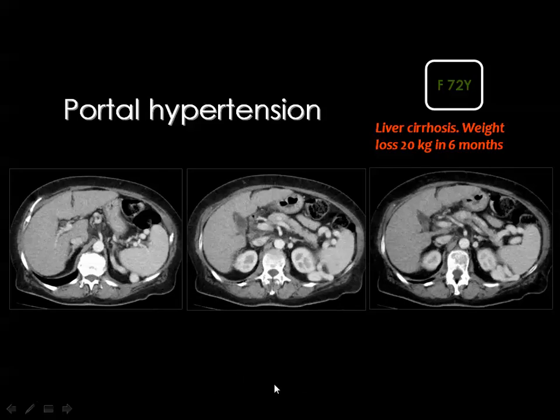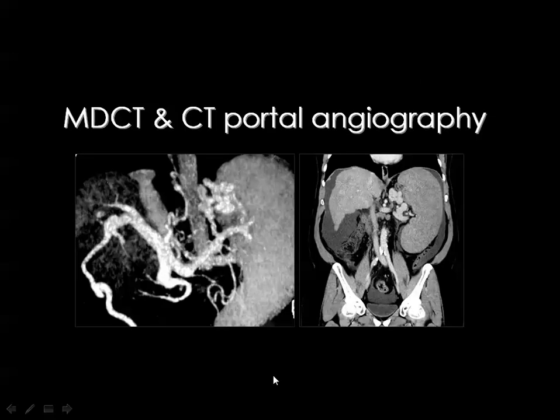Then the issue of portal hypertension, as I have said, will be discussed in the splenic lecture, and you see here dilated portosystemic collaterals around the spleen, and also they can be seen at the gastroesophageal junction, representing portovenous collateral channels. And this is CT portal angiography.